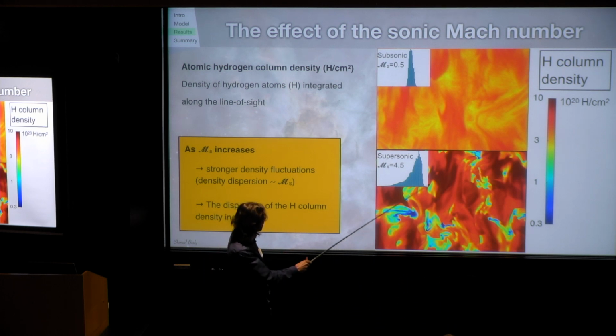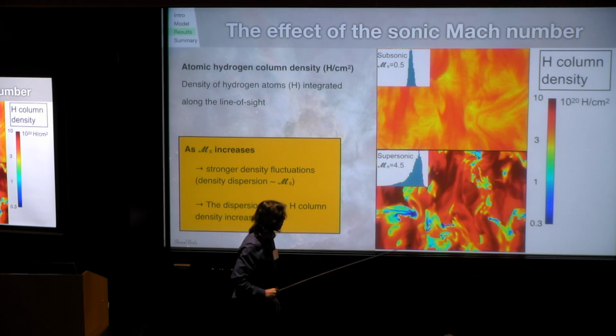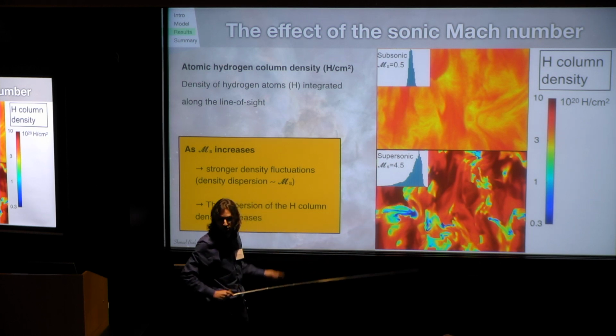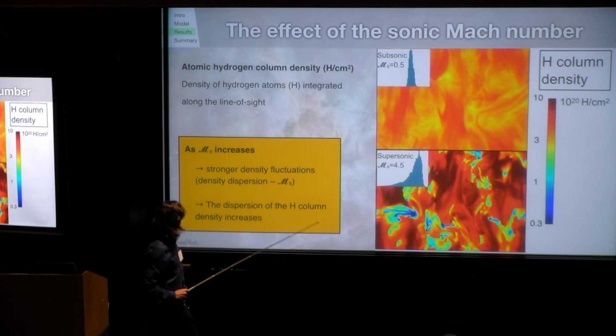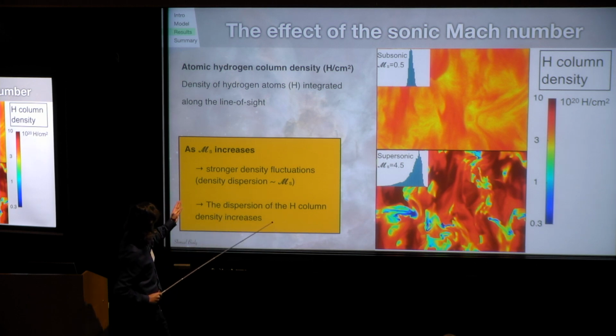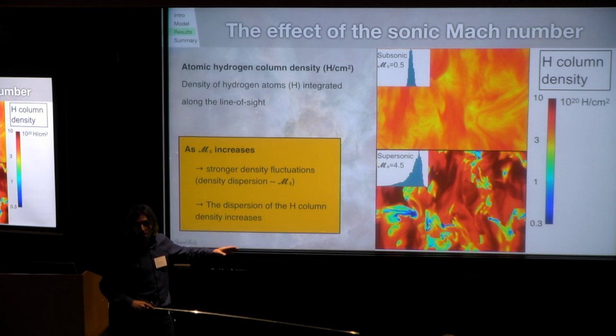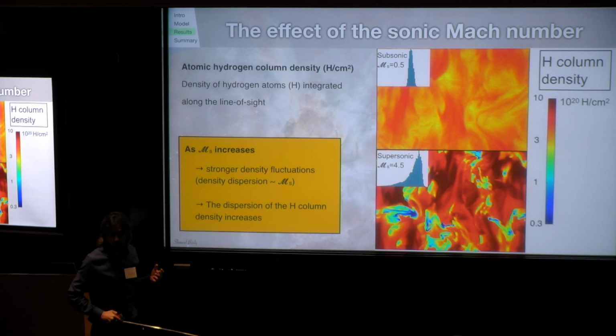Now we see in the map strong fluctuations between different regions, different lines of sight. The PDF was narrow, now the PDF becomes wide. So generally, as the Mach number increases, strong density fluctuations develop, and the dispersion in the column density of atomic hydrogen becomes large.